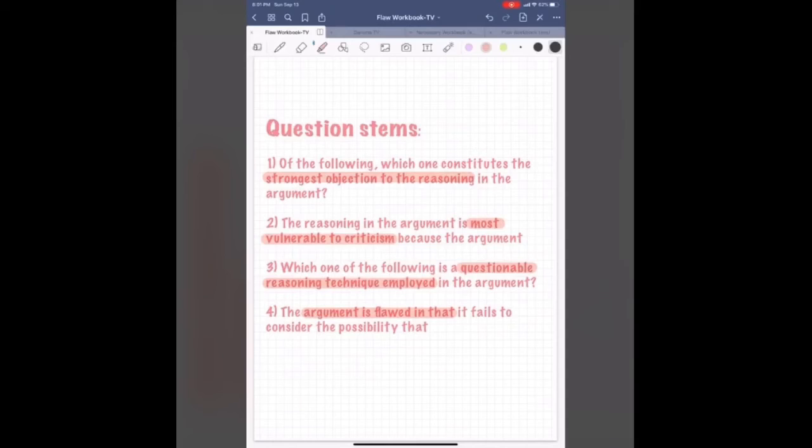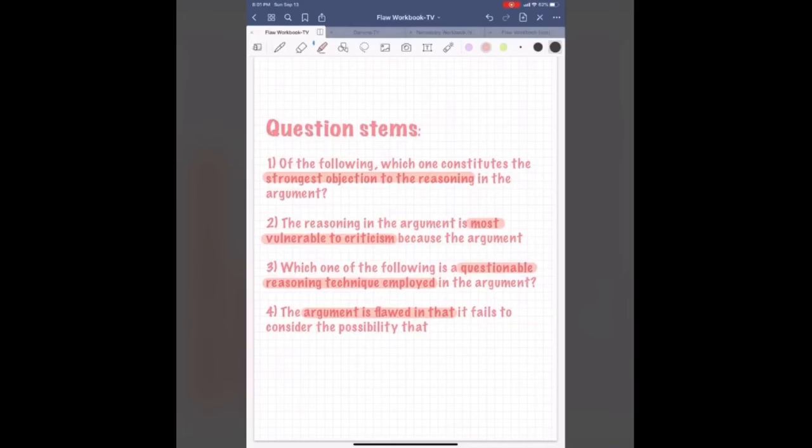So how do we spot flaw questions? Well, these are some sample question stems for flaw. Of the following, which one constitutes the strongest objection to the reasoning in the argument? The strongest objection to the reasoning is the clue here. The reasoning in the argument is most vulnerable to criticism because the argument, so most vulnerable to criticism is the clue.